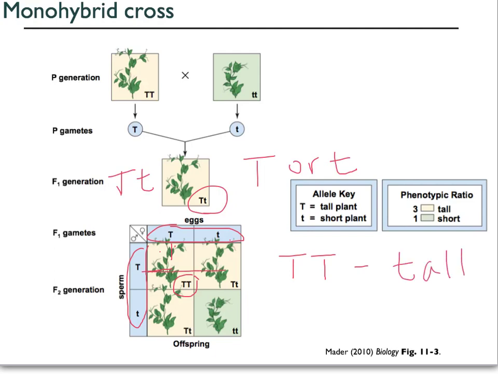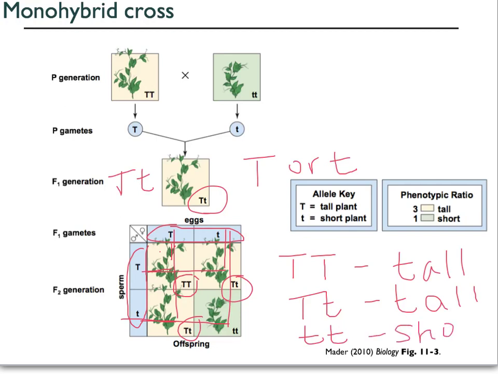If big T and little t meet in either of these two instances, then the progeny are heterozygous for the genotype, but because they have a big T, and big T is for tall, and it's dominant over short, then those individuals will be tall also. If a little t sperm meets a little t egg, then we end up with a homozygous recessive individual where the phenotype will be short.